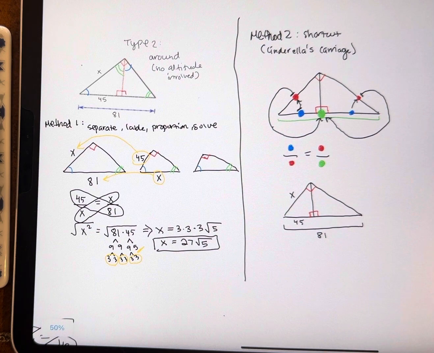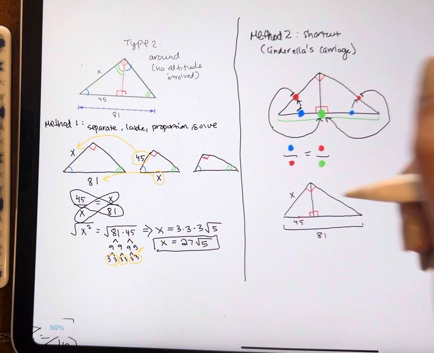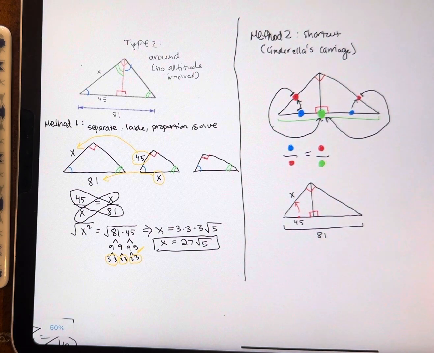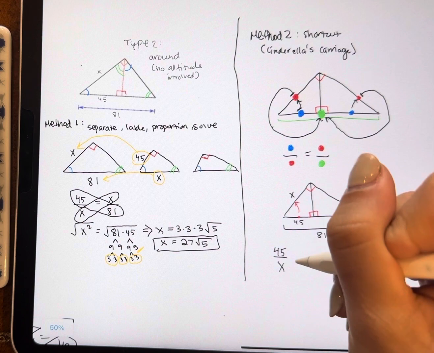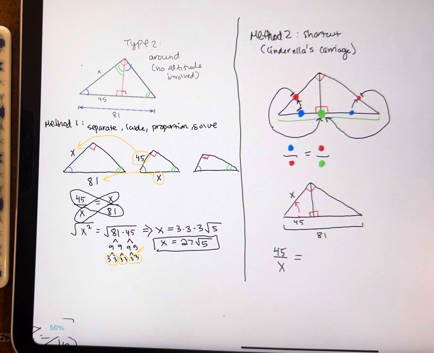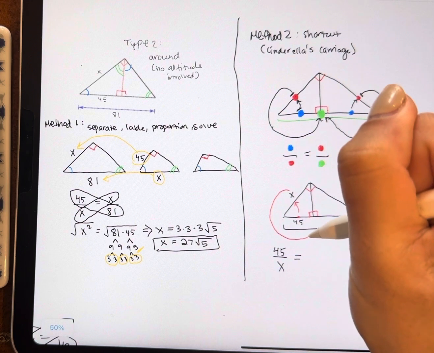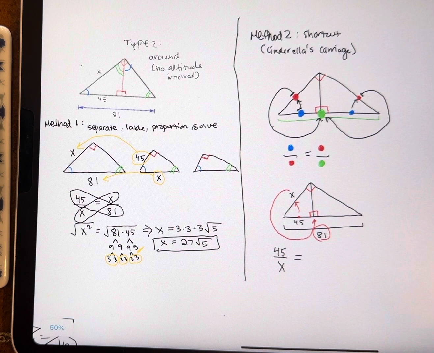All right, here we go. Let's do the carriage, all right? The carriage says that this piece 45 over that X equals this X over the entire side, which is 81.